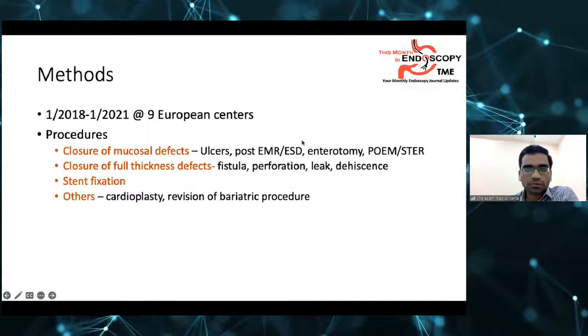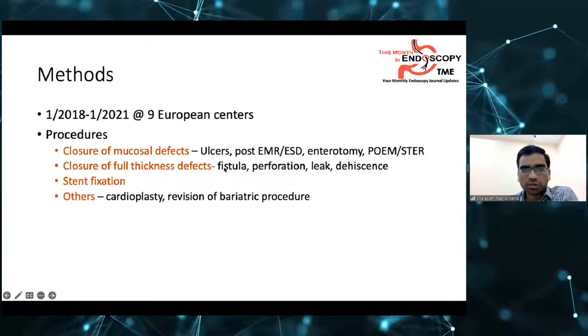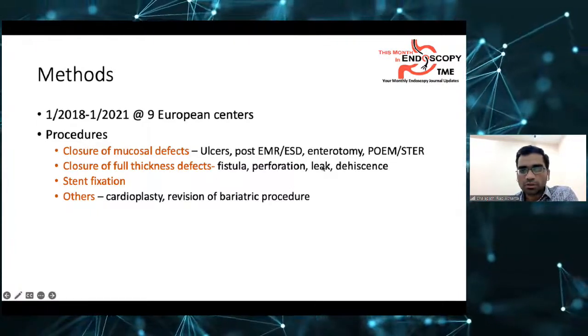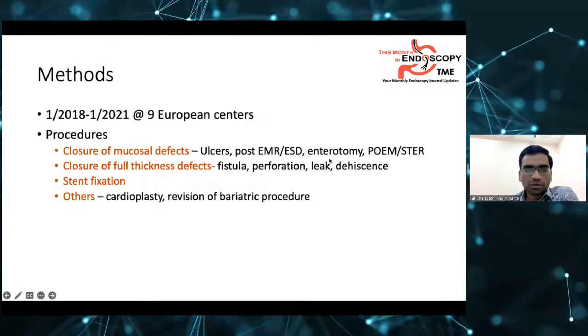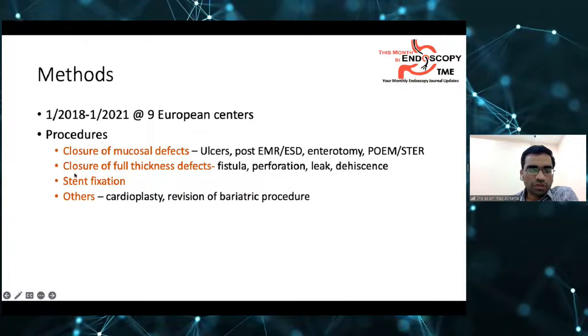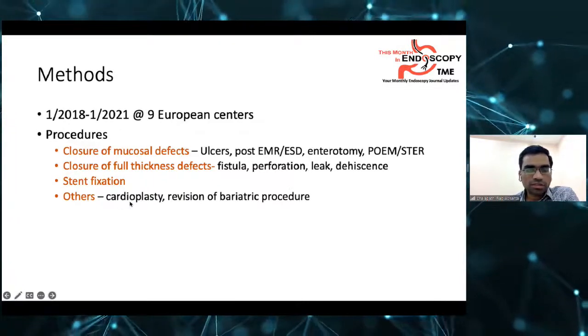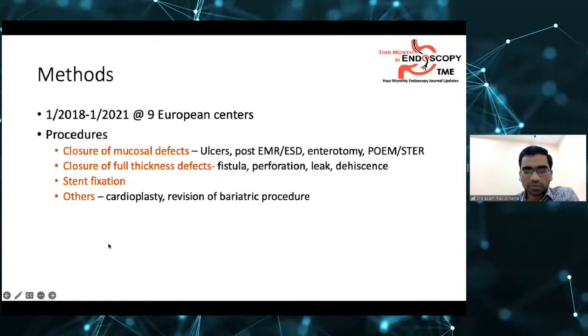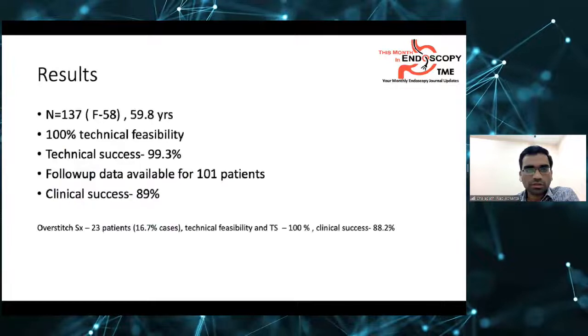Closure of full thickness defects like fistula, perforation, post-operative or spontaneous leaks, and anastomotic dehiscence. Fully covered metal stents were fixed to prevent migration, and other diseases like GERD, cardioplasty, and bariatric procedures, revision of bariatric procedures were also included in this study.